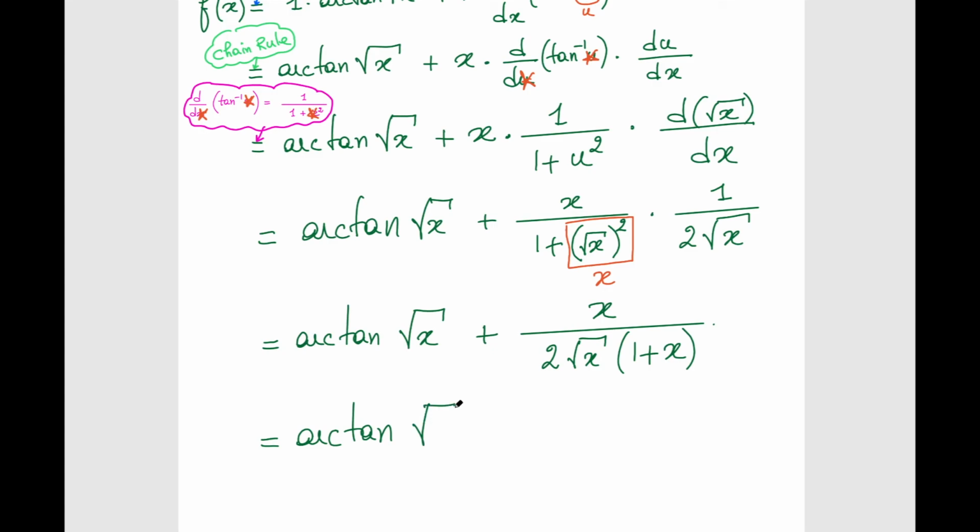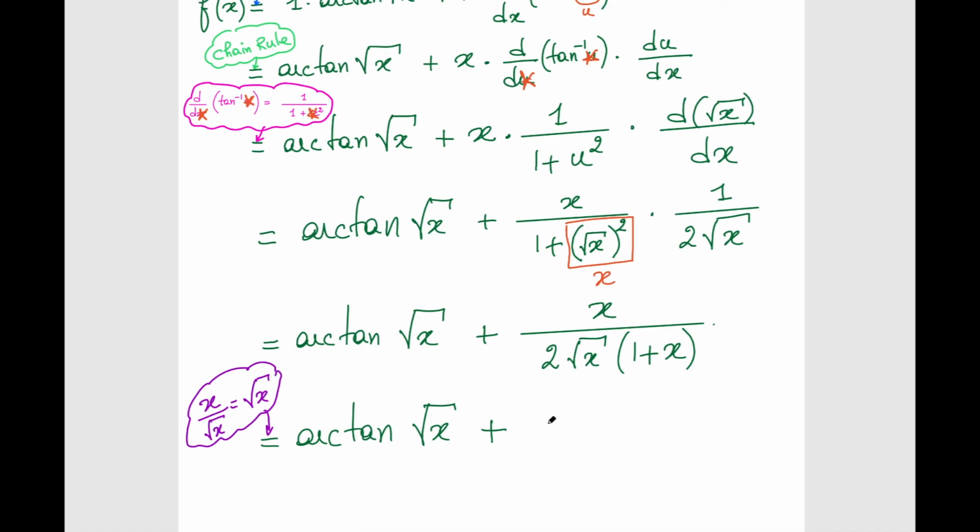Arctan square root of x plus, how much is x divided by square root of x? If you multiply upstairs and downstairs by square root of x, it becomes x square root of x divided by the square root of x squared. So x downstairs, with that x, they disappear.